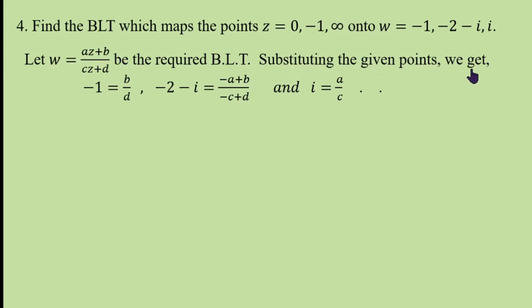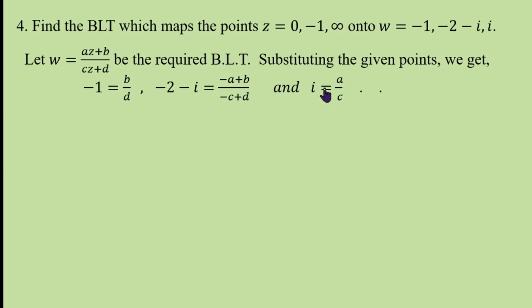Substituting the given points, we get minus 1 equal to (0 plus B) by (0 plus D). That is B by D. Minus 2 minus i equal to, Z is minus 1, means (minus A plus B) by (minus C plus D).